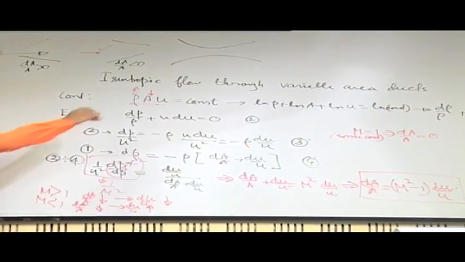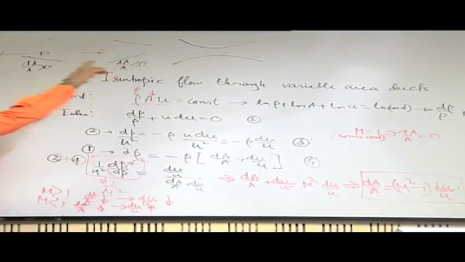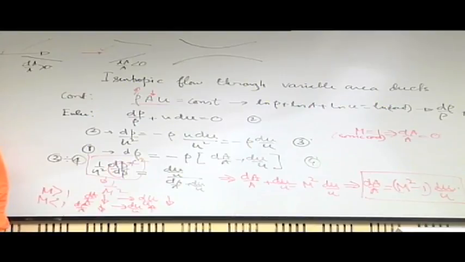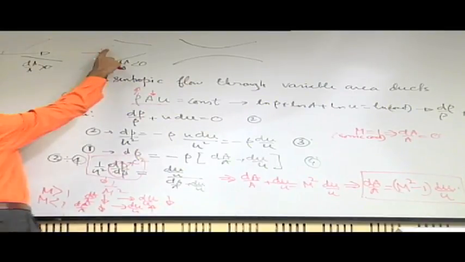This situation we may intuitively think of as physically analogous to an incompressible flow behavior in a nozzle, only if Mach number is less than 1, only if it is a subsonic flow. If it is a supersonic flow, that is not the case. So if it is a subsonic flow, what happens?